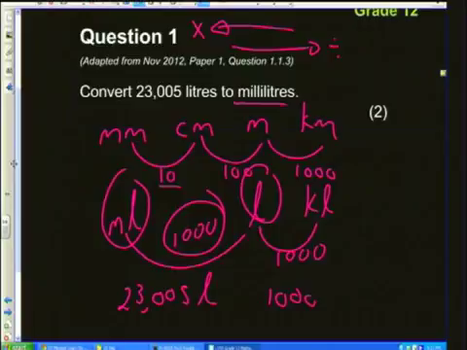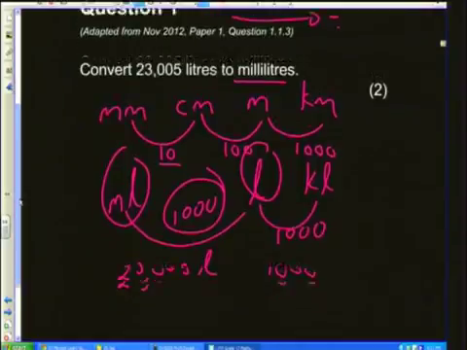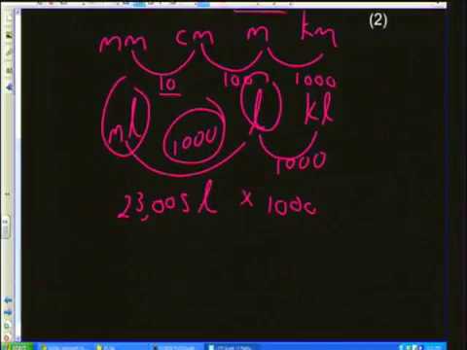But here we're going in the opposite direction, from liters to milliliters, so we're going to multiply. So I'm going to multiply that by 1,000, and we're going to work out how many milliliters that gives me.